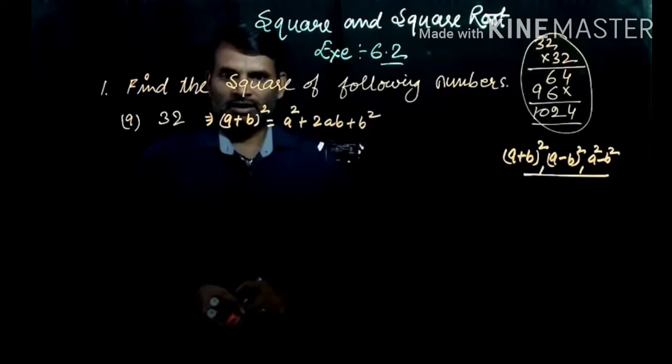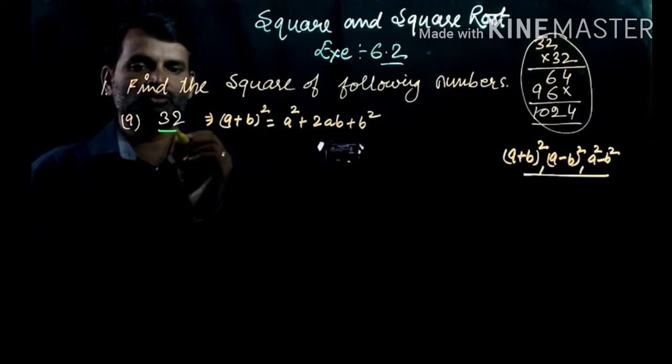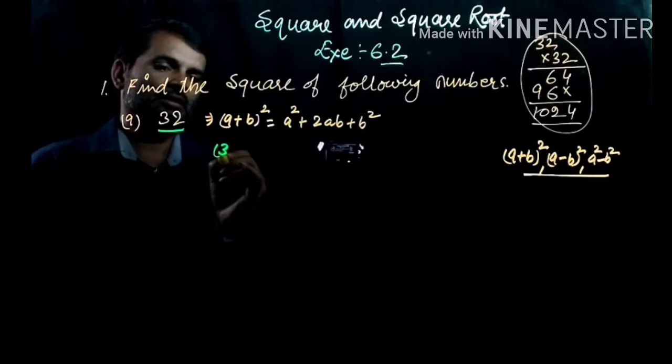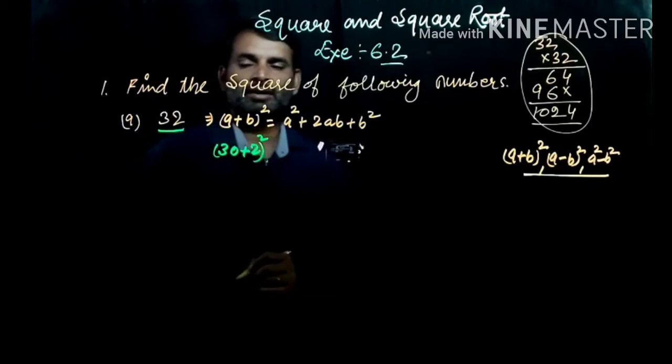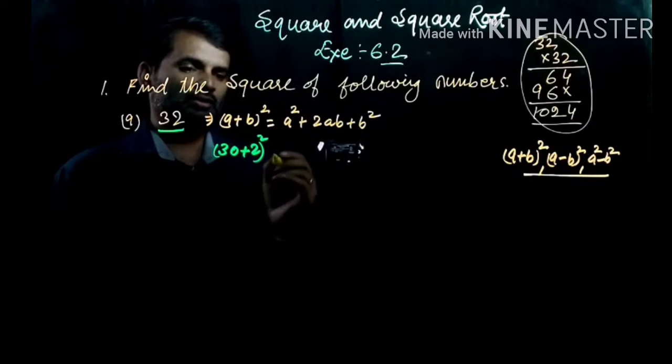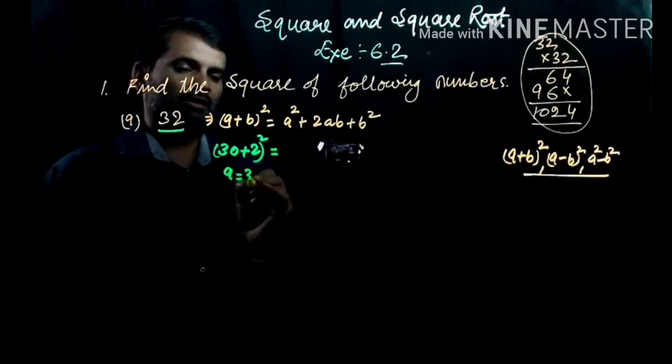Now 32 is divided into two parts, 30 plus 2. So 32 is (30 plus 2) whole square.